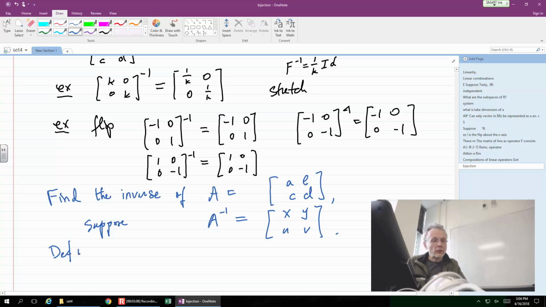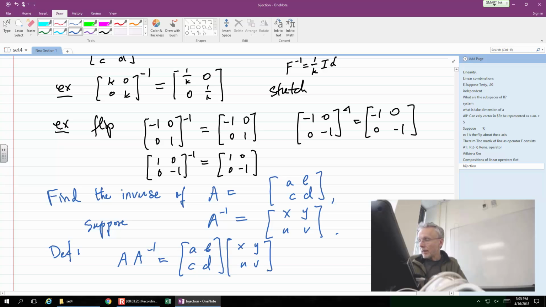The definition: I take A and A inverse and put them together, right? I have [a, b; c, d] and I have here [x, y; u, v]. These two matrices multiplied by each other are supposed to produce the identity matrix, which is [1, 0; 0, 1]. Okay, solve for x, y, u, v.